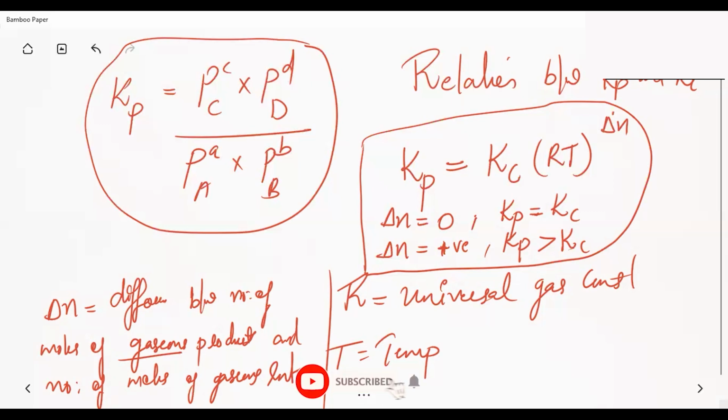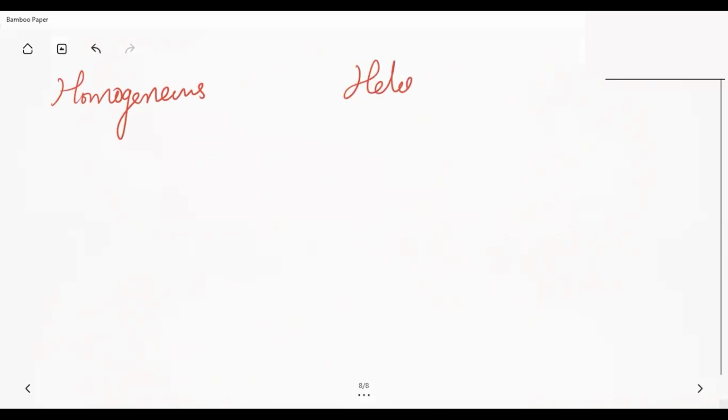Now, moving to the next topic, homogeneous and heterogeneous equilibrium. I will give you one example so it will be completely clear.